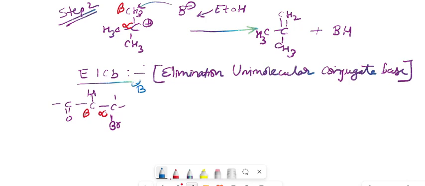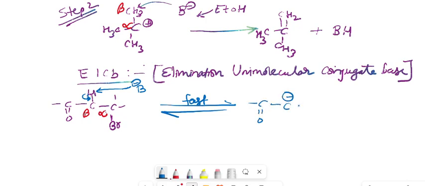Then the base is coming in the first step only, and it is abstracting the proton, and it is supplying its electron to the hydrogen, and hydrogen leaves its electron to the carbon, and this is the first step of the reaction, forming carbanion.